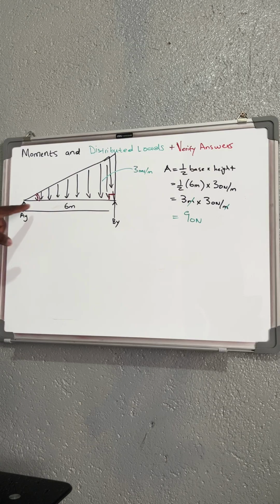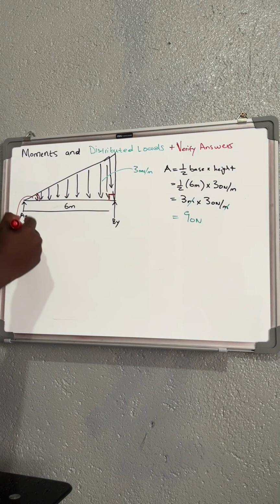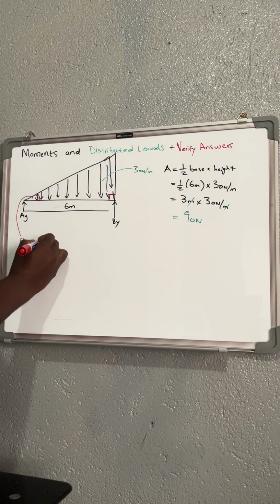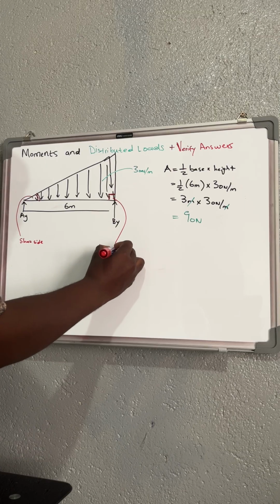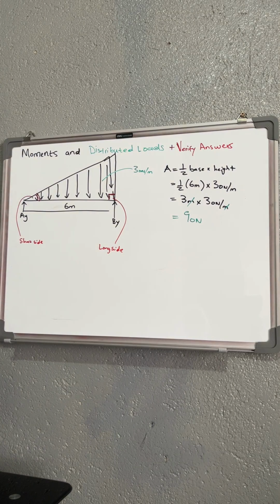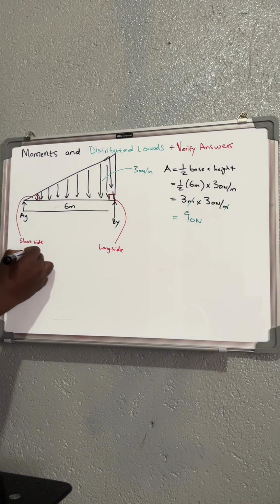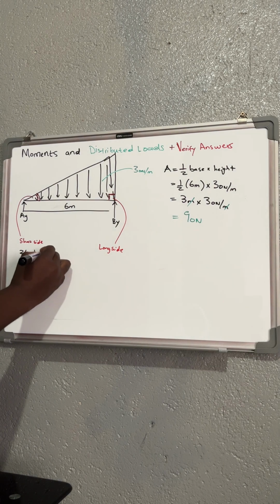If I'm using this method, I'll say it's the short side, and this one is the long side. They each have a different formula. For your short side, you'll always use 2/3 multiplied by your base.